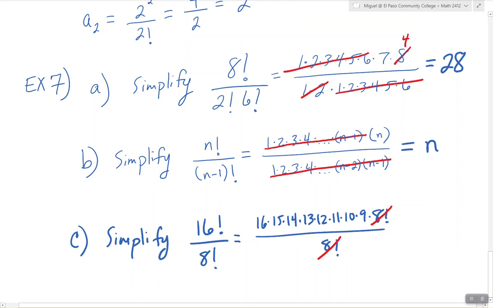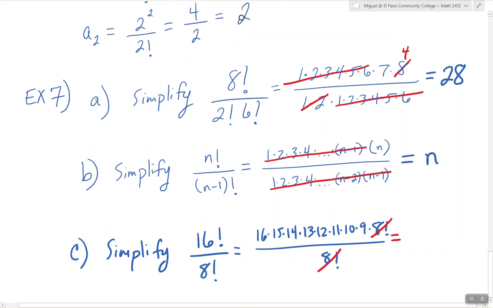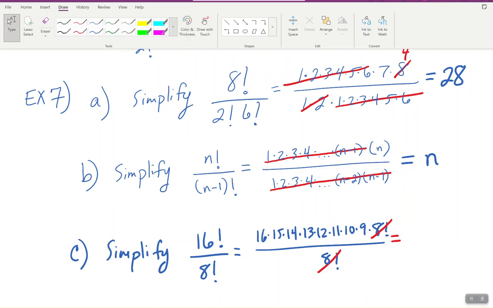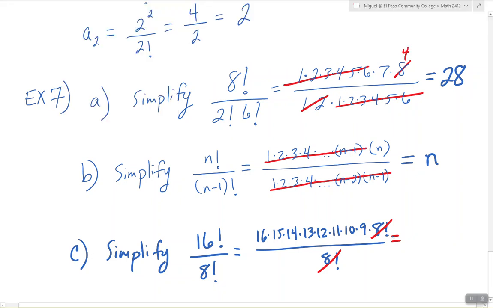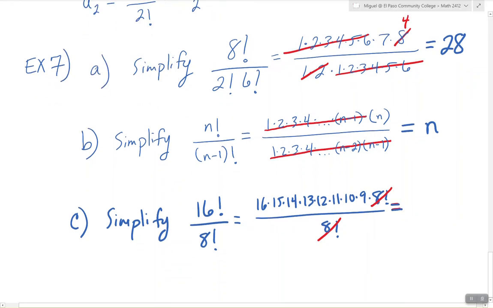At that point, you're left with just this product: 16 times 15 times 14 times 13 times 12 times 11 times 10 times 9.